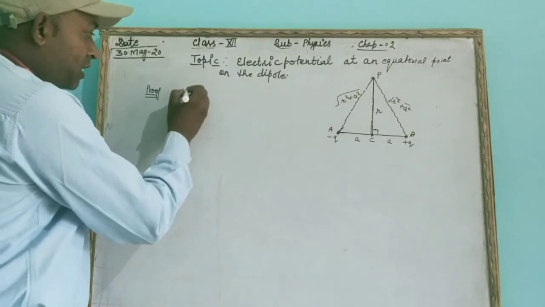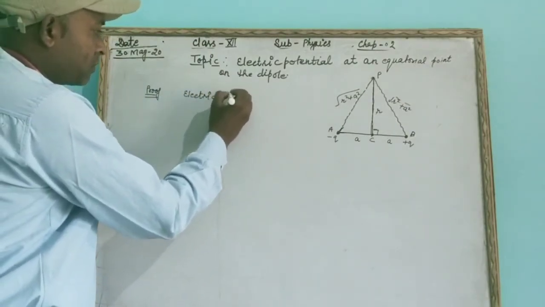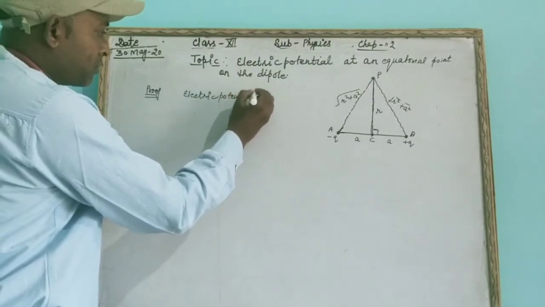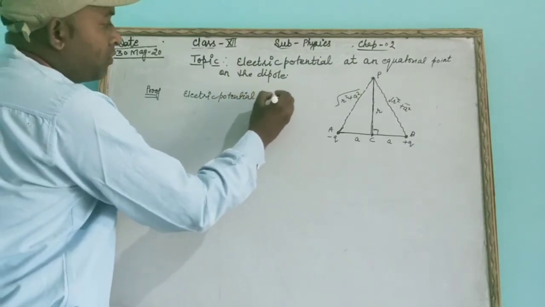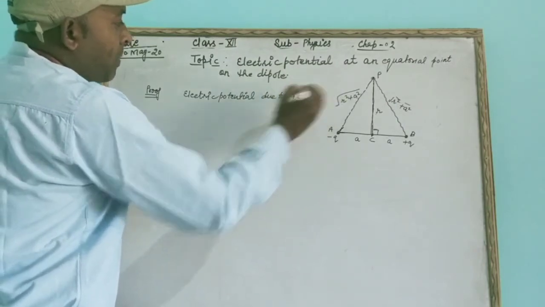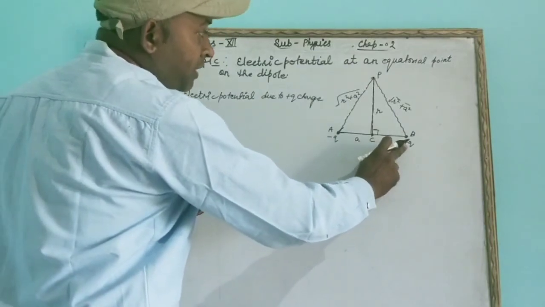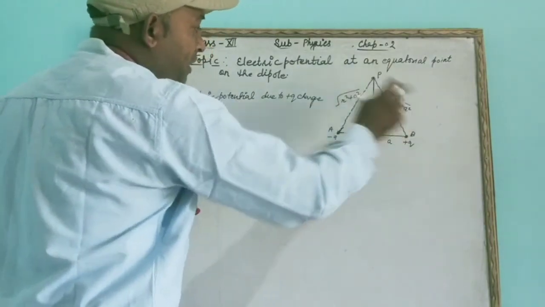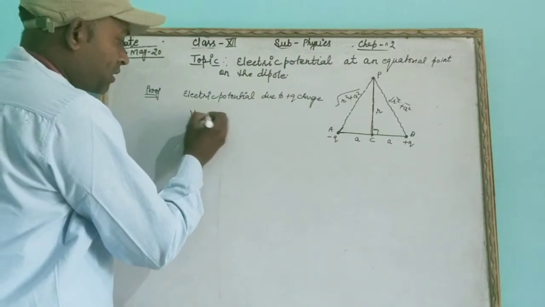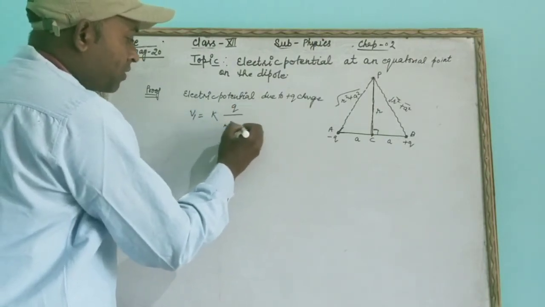Now, electric potential due to the positive charge at point P. It is the distance from P to B. So V1 is equal to kq upon the square root of r square plus a square.